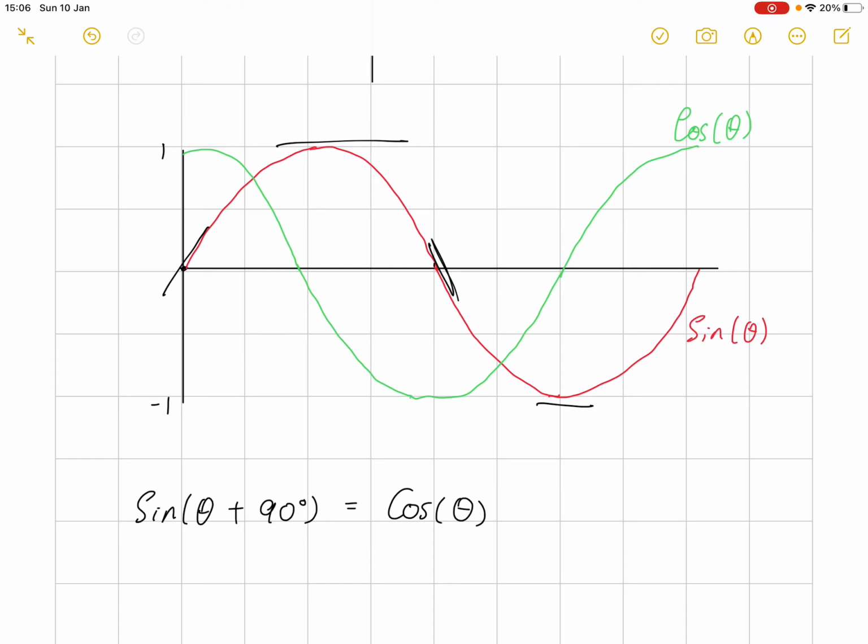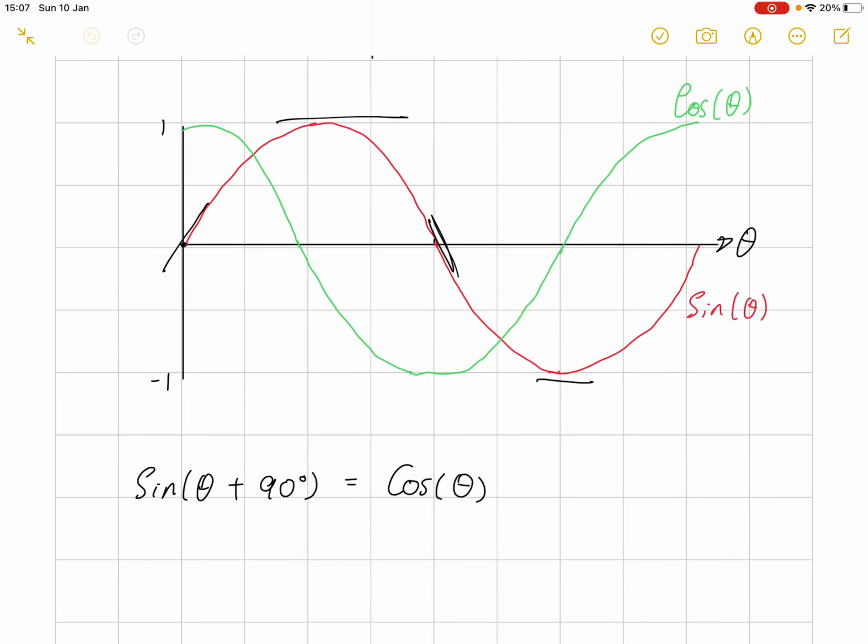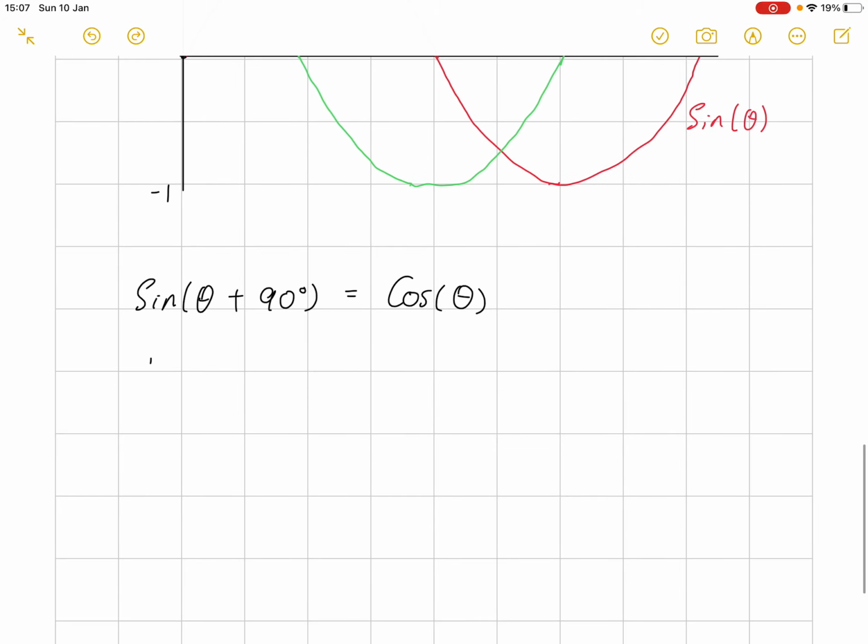What graph is equal to 1 at theta equals 0 and then is equal to 0 at theta equals 90 degrees and then is -1 at theta equal to 270 degrees and then is 0 again at 360 degrees? Well, it's cos, isn't it? In other words, the gradient d sine theta by d theta is equal to cos of theta.